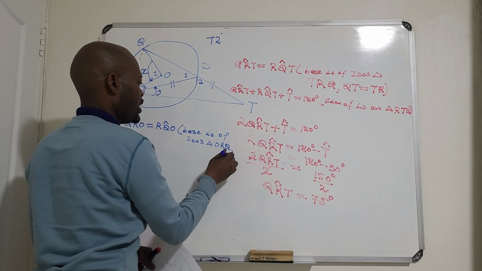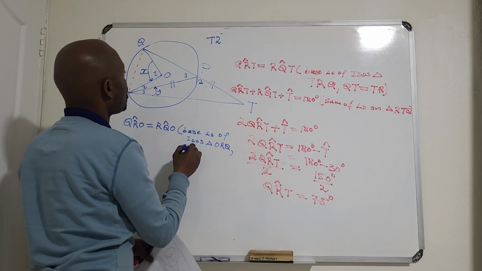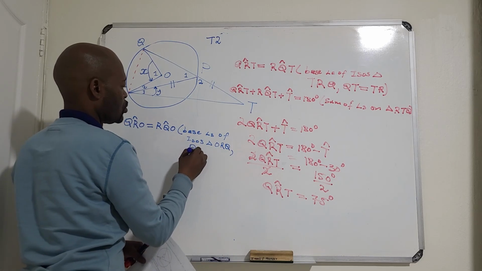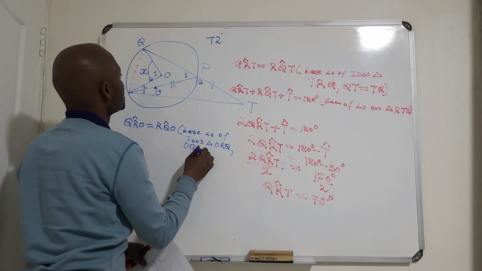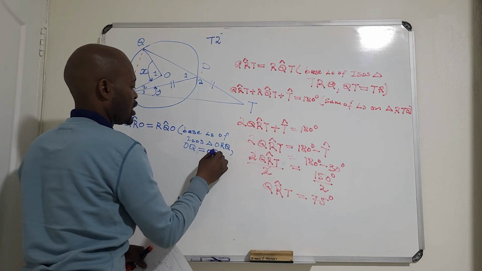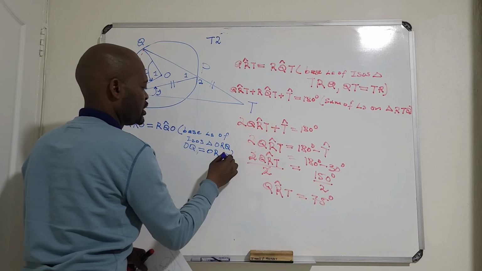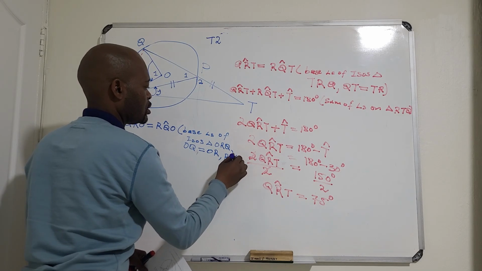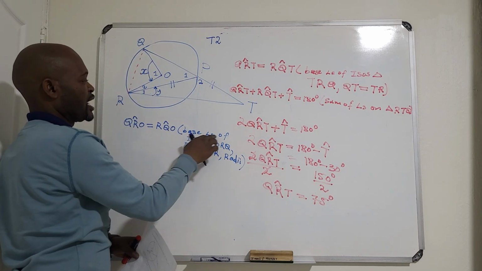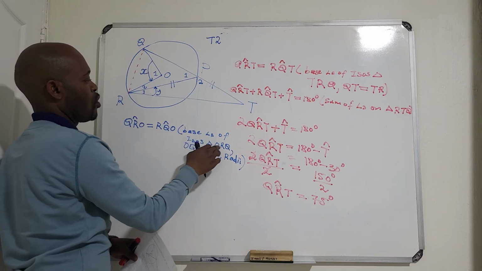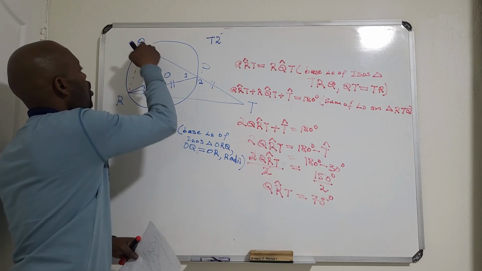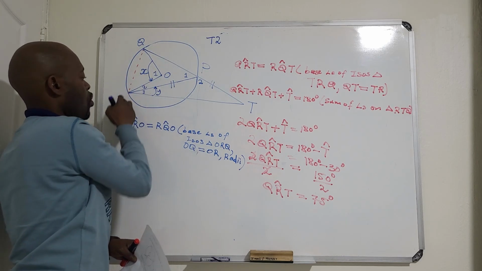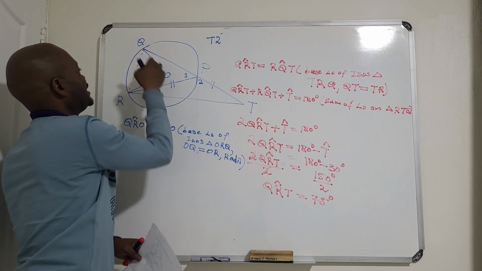Why is that? OQ is equal to OR. We know that these are radii. Base angles of isosceles triangle ORQ, where OQ is equal to OR, radii.